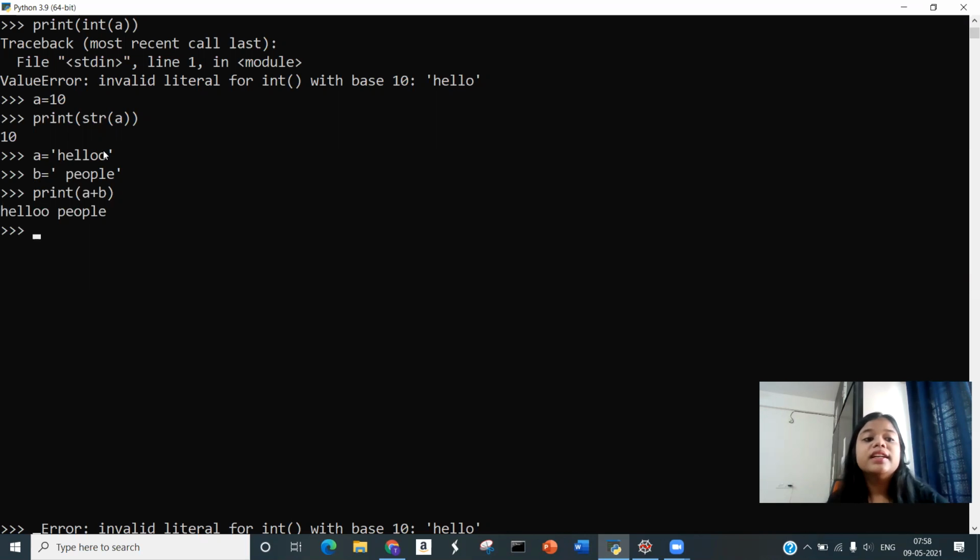I got the space in between hello and people because I printed it in the print statement, if you see it very carefully. Python is not going to print explicit spaces identifying that these are two different words. No, it's not going to happen. No other operators are supported by strings. Only the plus operator is supported by strings, and that too only for concatenation.